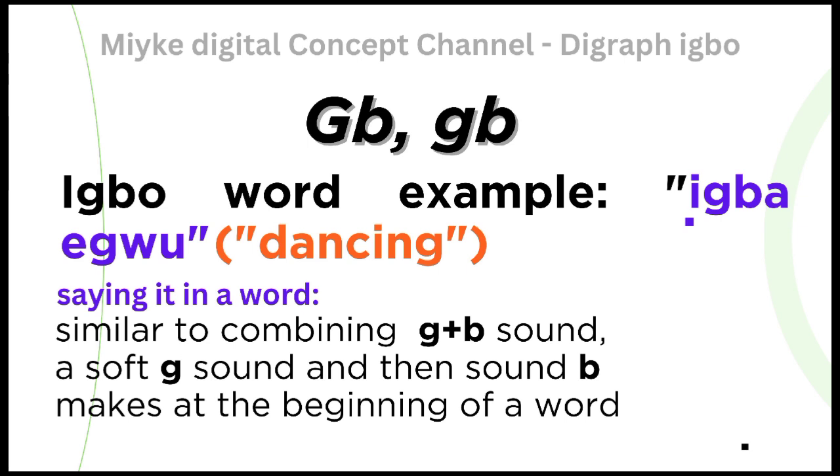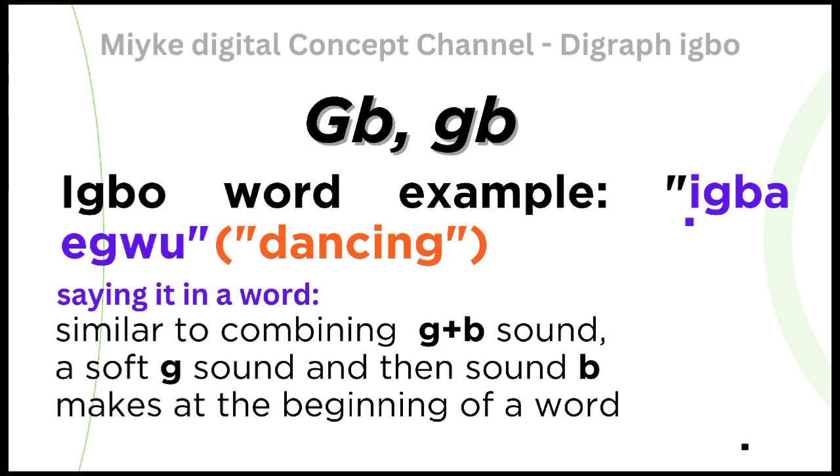It's like saying the letter in 2 different hard ways that mean the same thing, like connecting G plus B. Those two are connected together. So in Igbo you can see some of those things connecting together but meaning the same exact thing. Igba egwu, dancing, or Igba egbe, that is shooting.